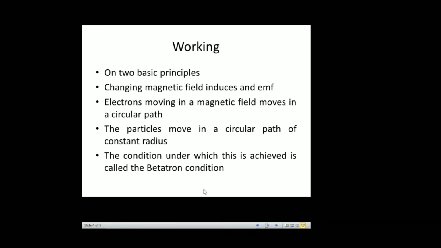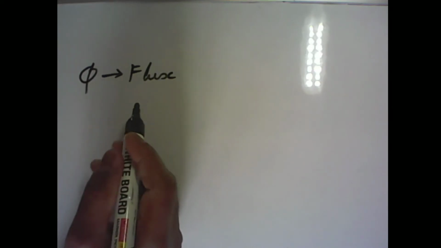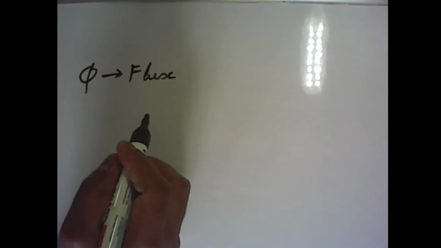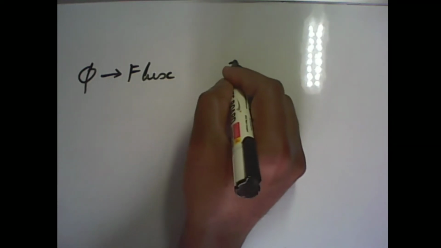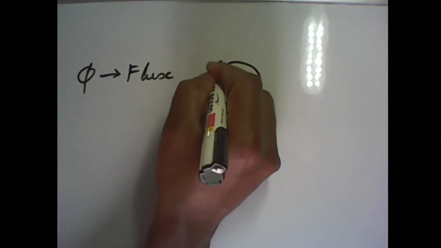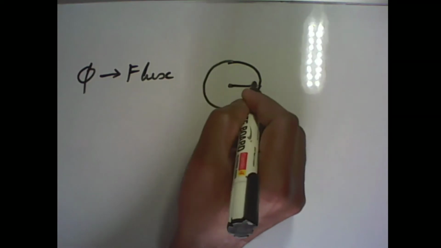Now let us see how we can derive the Betatron condition. Let's do some simple calculation to find out the Betatron condition. Let phi be the flux linked with the electron orbit that we are talking about. Let us say that the orbit has a radius of r.